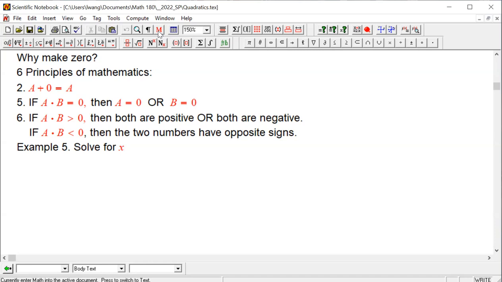The inequality we have here is x squared larger than 3 times x plus 6.